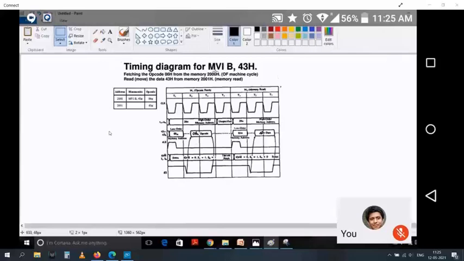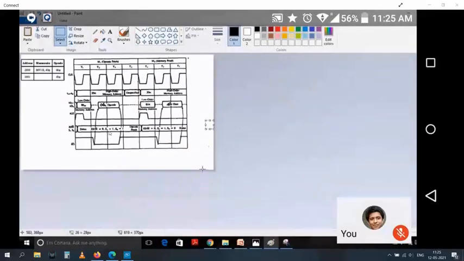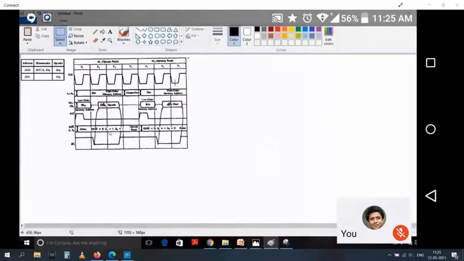Okay, then it is saying MVI B, 43H. So here, my instruction was... Not visible clearly. Okay, hold on. Let me see if I can.